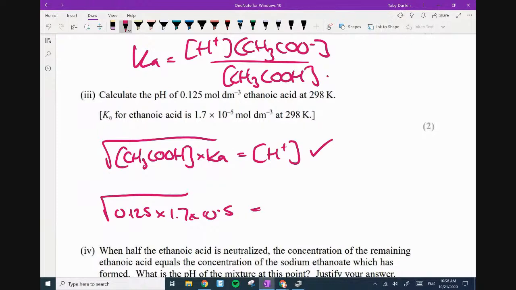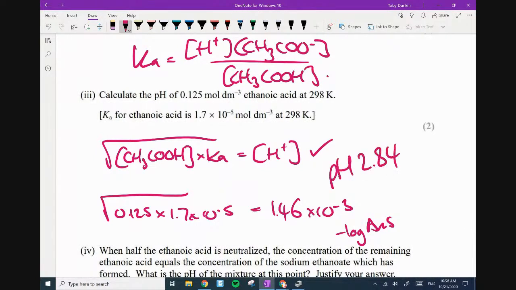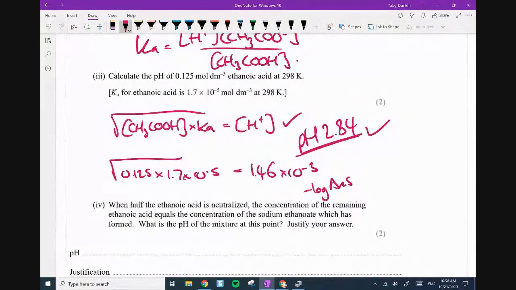Root answer gives me a value of 1.46 times 10 to the minus 3, minus log answer, and I get a pH of 2.84. I like it. Second mark. Should actually be 3, really. Just letting you know. There should be a mark for that guy as well.